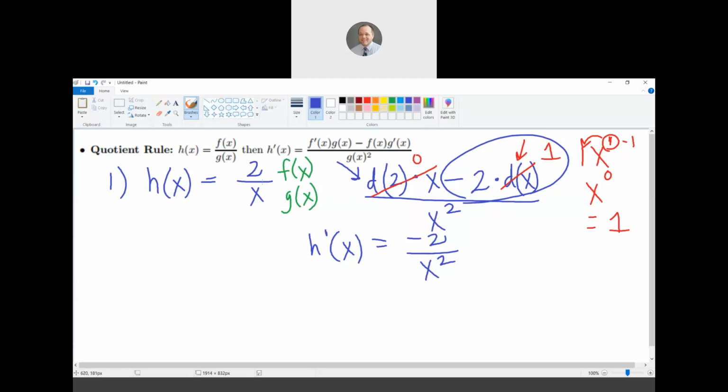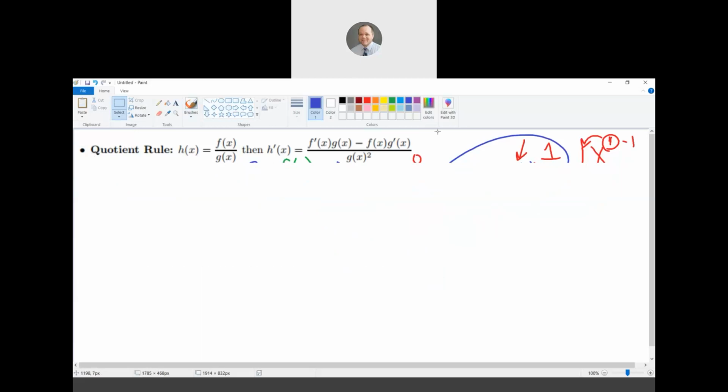Let's look at another fraction and find its first derivative. Give me 1 second to clean our whiteboard, okay?